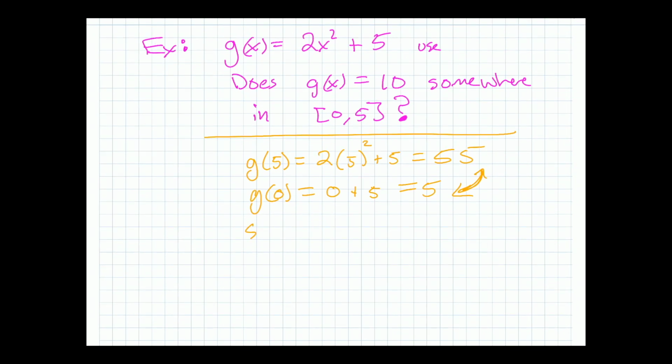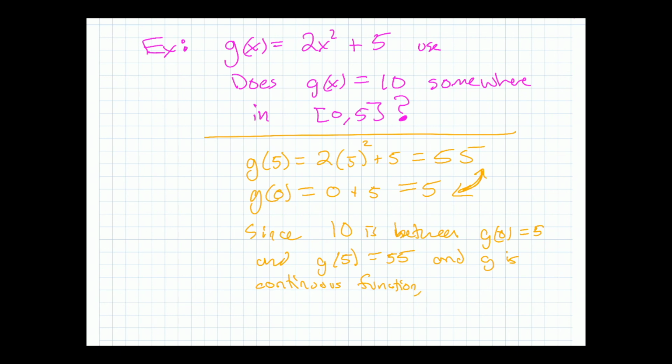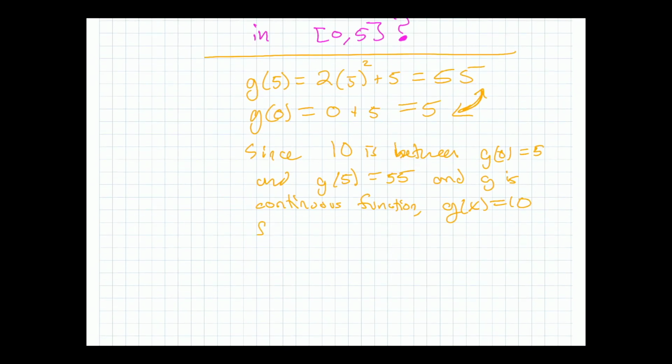So you just say, since 10 is between g of 0, which was 5, and g of 5, which was 55, and g is continuous, you need a continuous function or this does not work, g of x equals 10 for some x in 0 to 5.